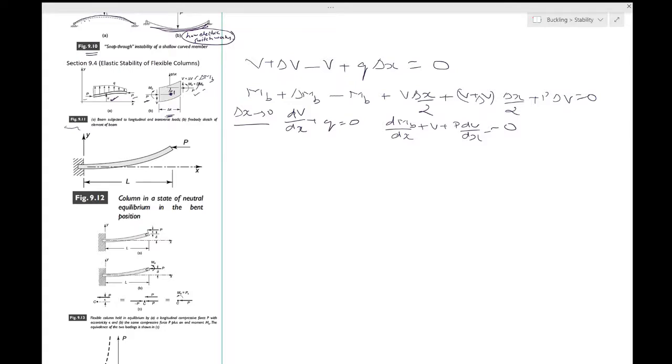Now these should be compared with 3.11 and 3.12, which are the corresponding equilibrium equations when P is equal to 0. So this is 9.4. Please check 3.11 and 3.12, which we had done for a case where P was equal to 0. So let's see what that equation looks like.